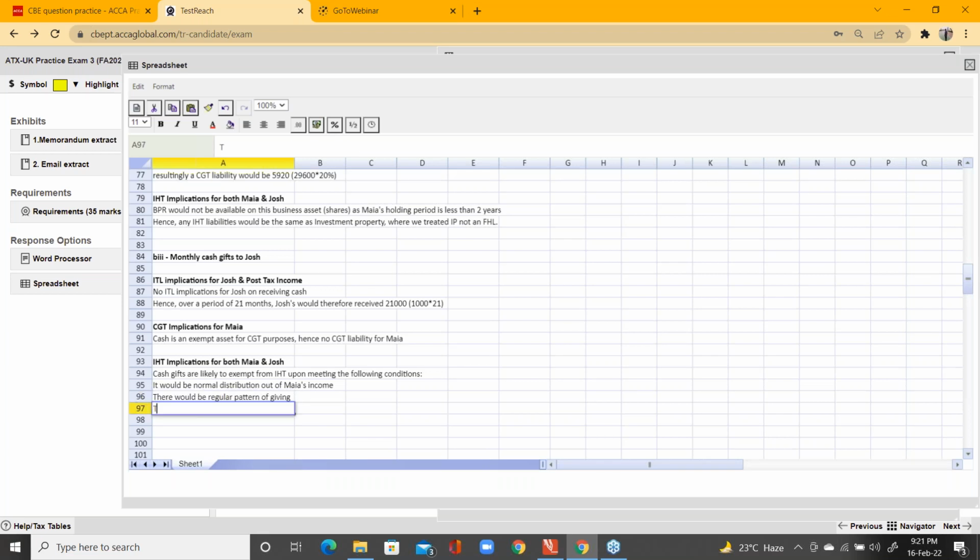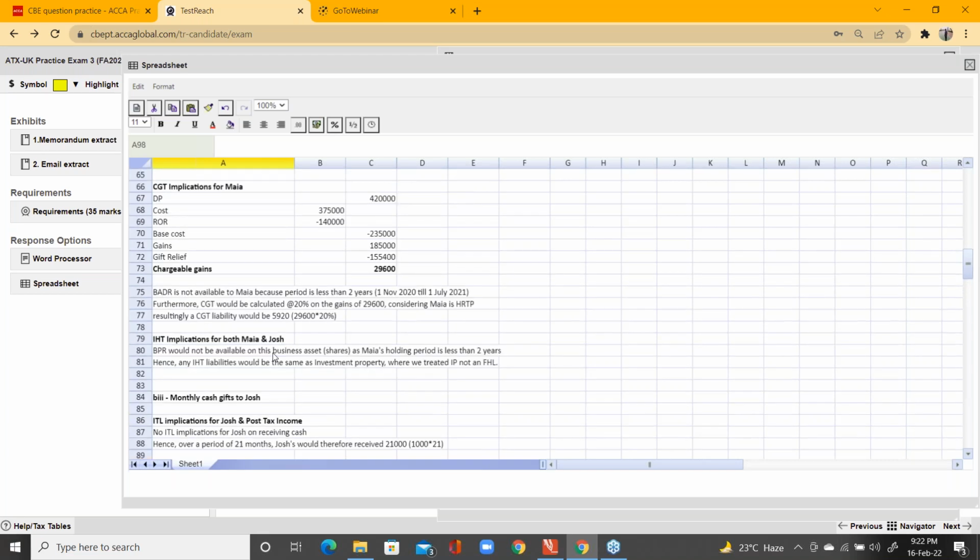Another thing, these cash payments would not affect Maya's living standard. So anything which you are giving, if that giving is not impacting your living standard, it means there will be no IHT implication for both of the persons.